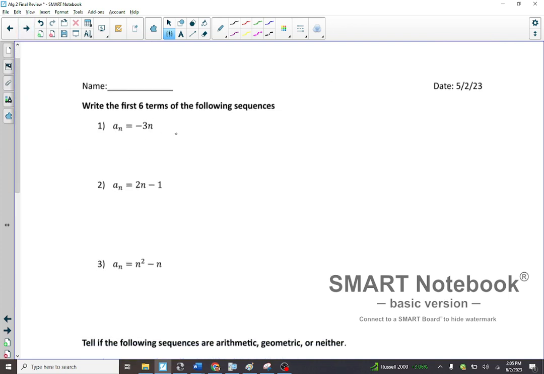Next one, sequence and series. Find the first 6 terms. So what I'm going to do is take -3 and plug in 1, and I'll get -3. Plug in 2, -6. You probably can see the pattern: -9, -12, -15, -18.